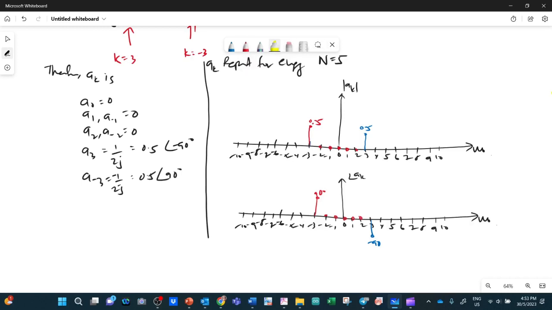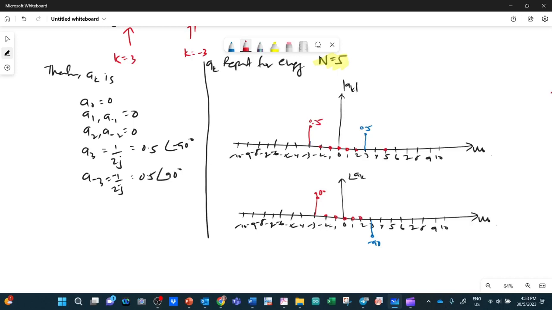Remember for the discrete time, you need to repeat it for every n value if it's given, n equal to 5 for this question. So let's say that we start to do a repeating motion for n equal to 5. For 0, repeating every 5, you have at 5 a value of 0.